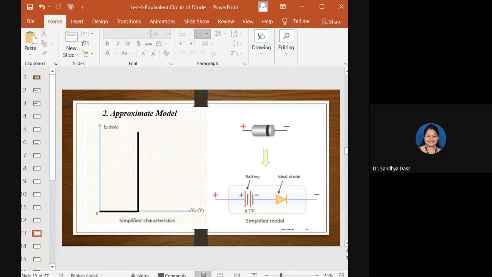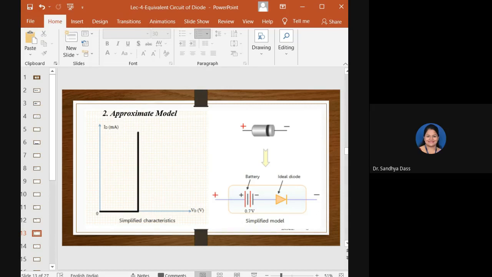Since the reverse current is very small, it will be ignored. Practically, all practical diodes in any of the circuits can be treated using this model, the simplified or approximate model.